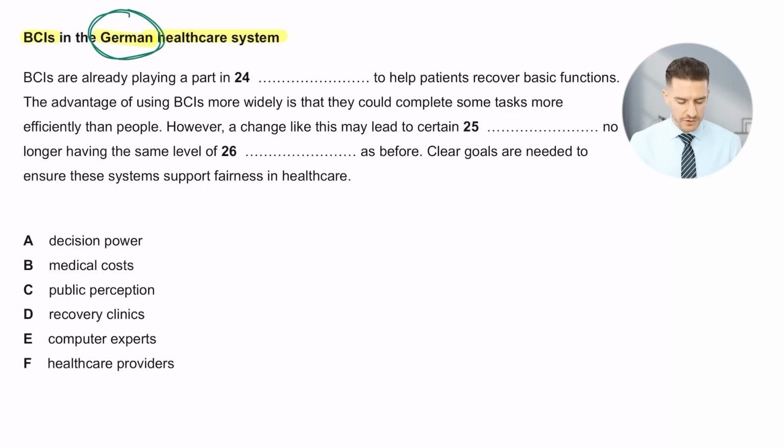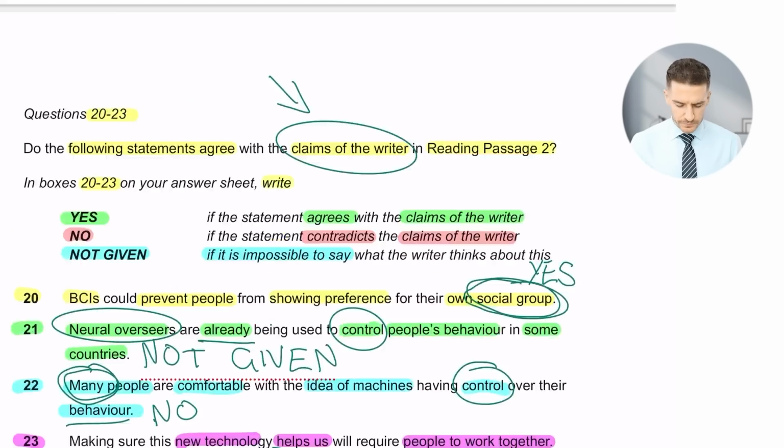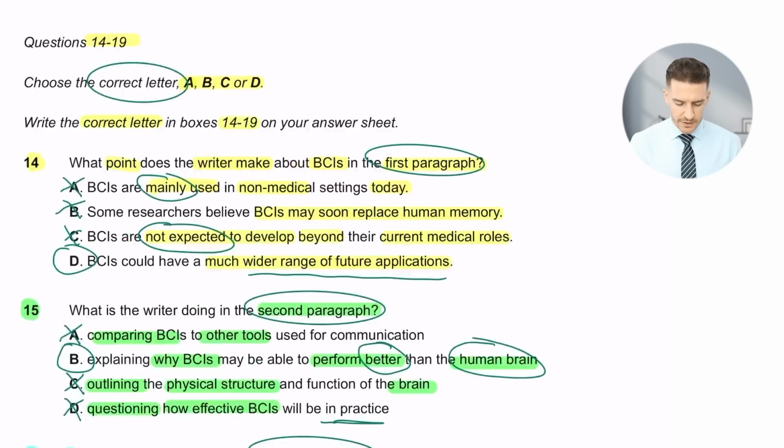Let's have a look at the first question. BCIs are already playing a part in something to help patients recover. So we need to find, where are they playing a part? Let's go back up and see if we can find where that was.